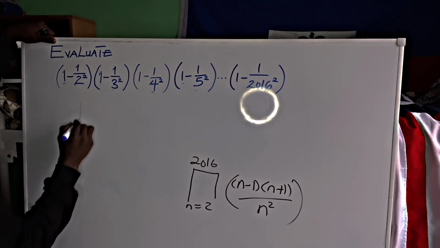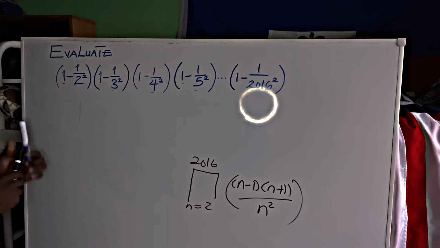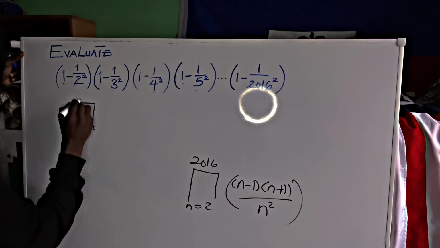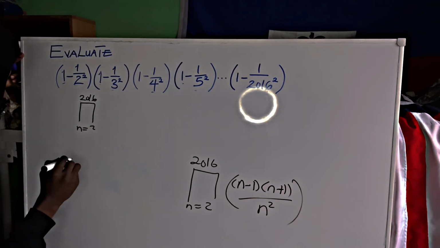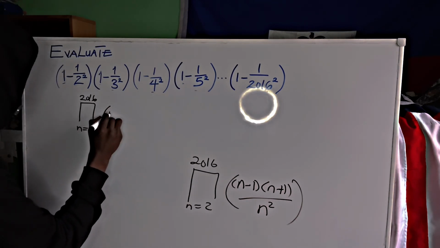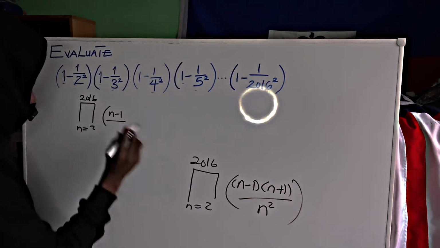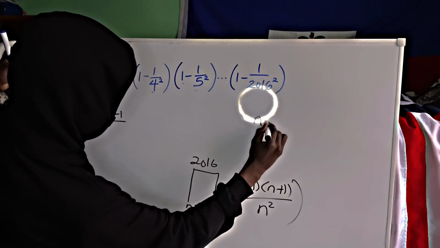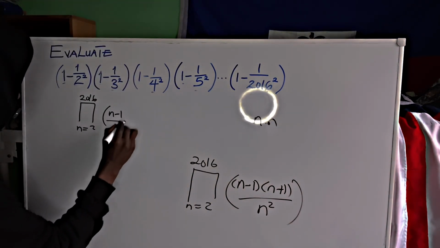That is, we'll have the product from n equals 2 to 2016 of (n − 1), and we divide; n² is equal to n times n, so we'll express this over n.